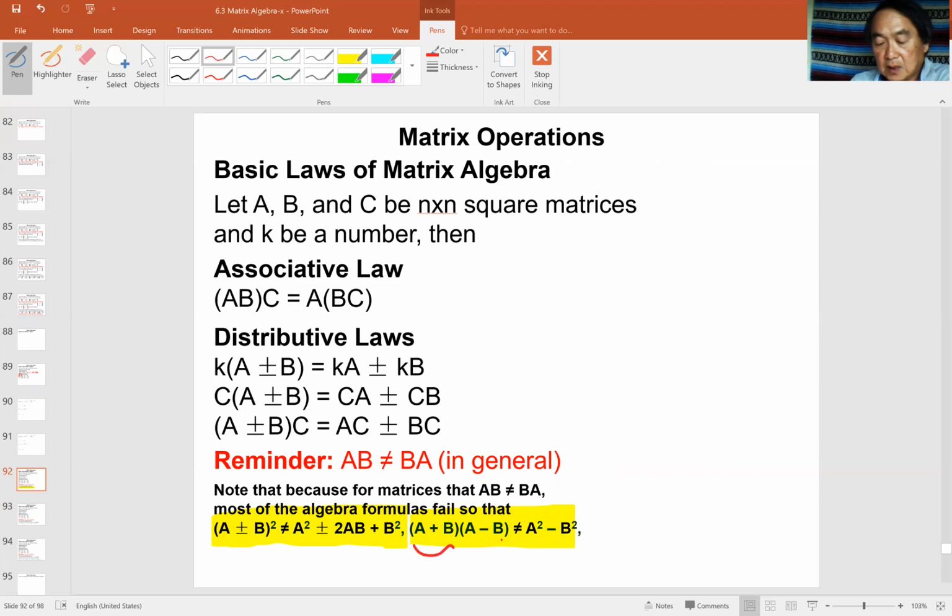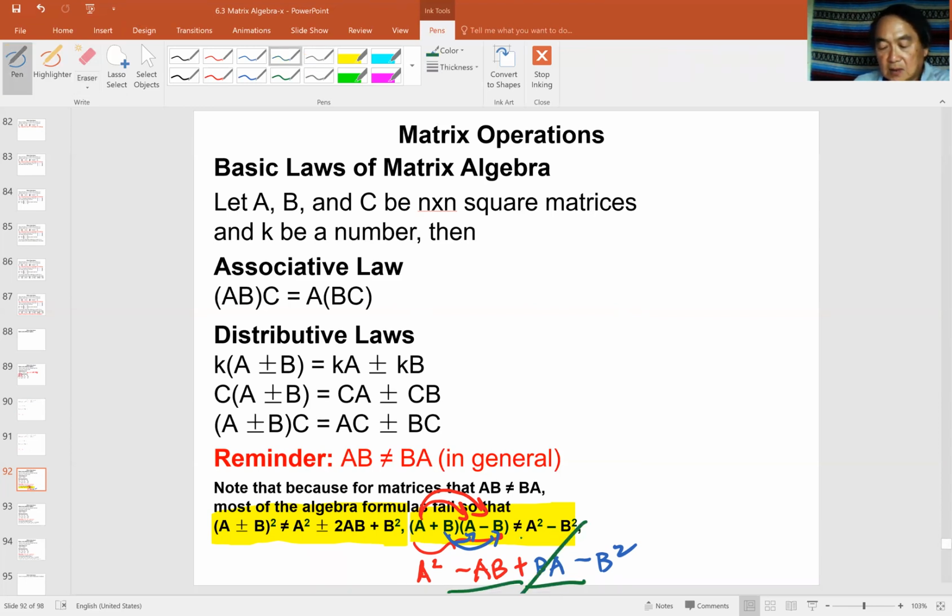Like look at this one. A plus B times A minus B. If I were to FOIL, I will get A times A is A squared, minus AB, minus A times B... plus, I'm taking the B now, multiplying, plus B times A, BA, minus B squared, B times B. And for numbers, AB and BA are the same thing.